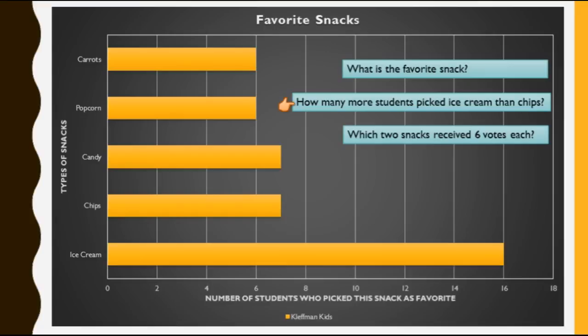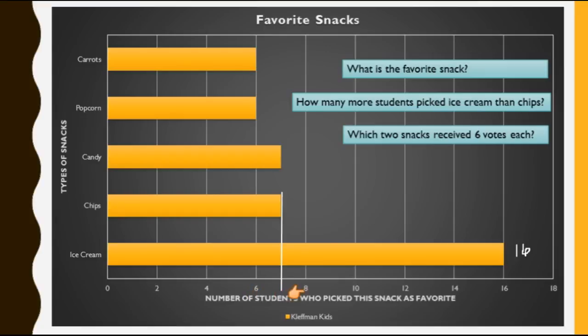How many more students picked ice cream than chips? Okay, so we know that 16 people chose ice cream. Chips is right here. That falls in line. Let me draw a little straight edge so I can be sure. That's right in between these two.